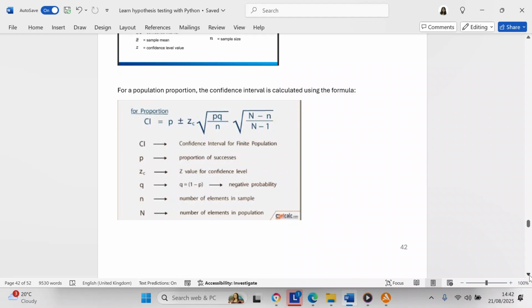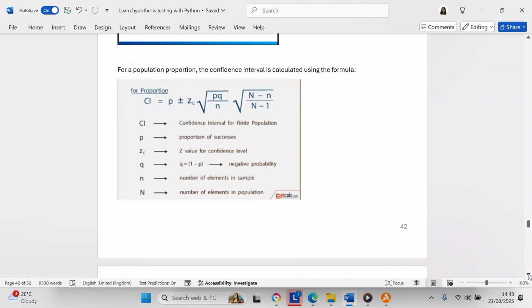For a proportion, CI, that's your confidence interval for the finite population, equals p, that's the proportion of successes, plus or minus Z sub C, that's the Z value for a confidence level, times the square root of pq, so that's the proportion of successes times the proportion of failures, divided by n, that's the number of elements in the sample, times the square root of N, the number of elements in the population, minus n, the number of elements in the sample, divided by N, the number of elements in the population, minus 1.